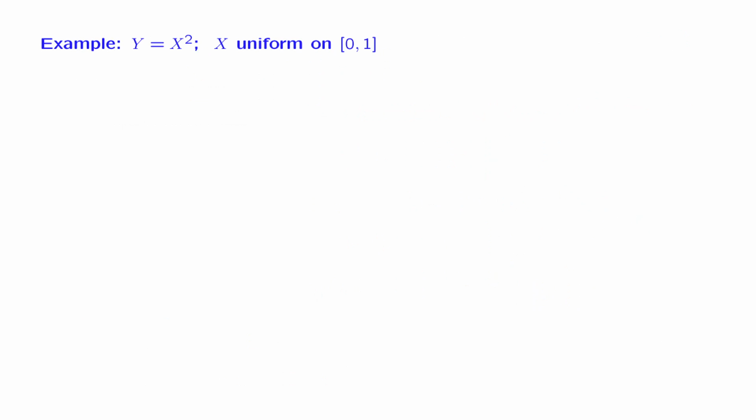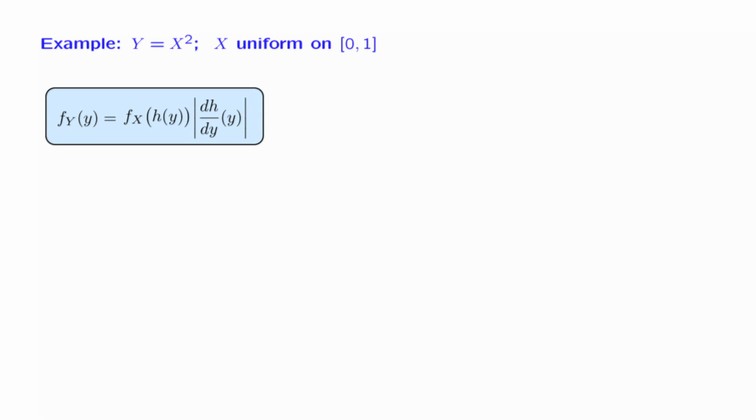Let us now apply the formula that we have in our hands for the monotonic case to a particular example where y is the square of x and where x is uniform on the interval 0 to 1. So the function g in our case is the square function.